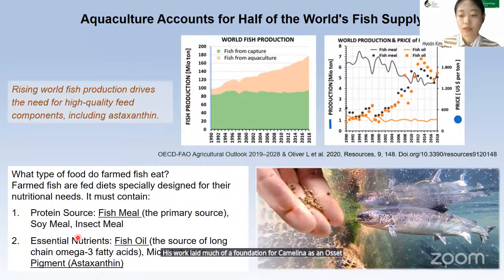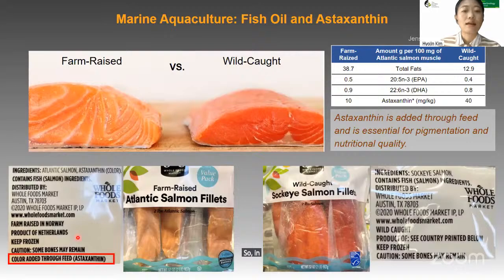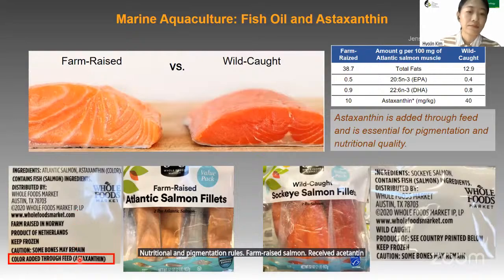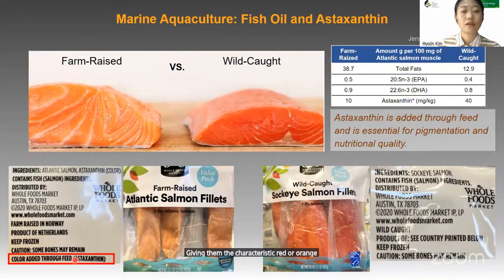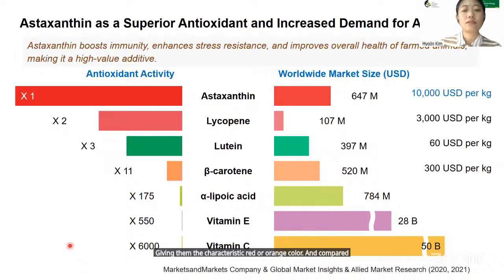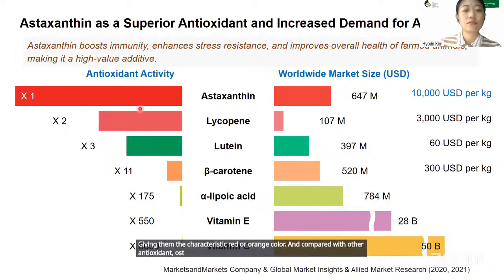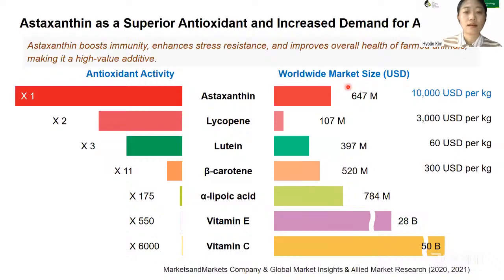So in salmon farming, astaxanthin is indispensable because it serves both nutritional and pigmentation roles. Farm-raised salmon receive the astaxanthin through their feed, giving them the characteristic red or orange color. And compared with other antioxidants, astaxanthin has a significantly higher antioxidant activity and commercial value.